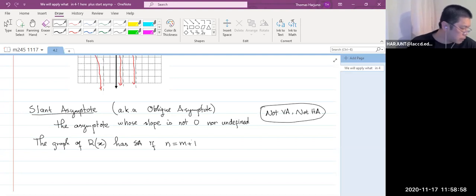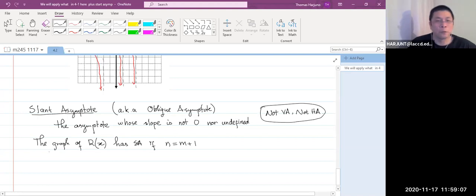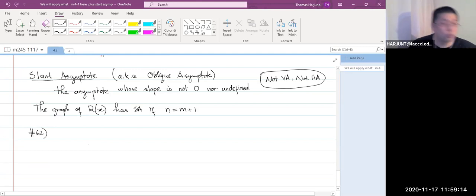Now, for example, I pick question number 62. Let f(x) equal 2x squared minus 5x plus 5 over x minus 2.